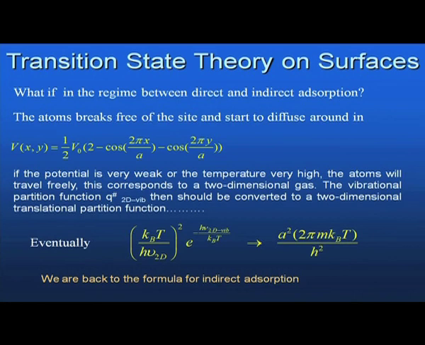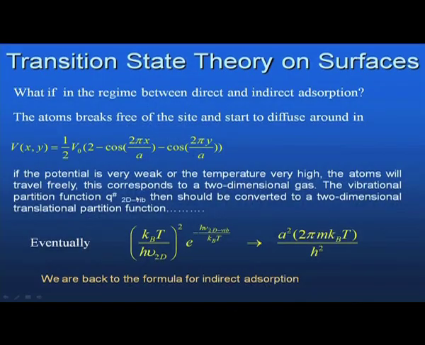And the vibrational partition function q double dagger 2D vibration should then be converted to a 2 dimensional translational partition function, because it is moving around on the surface. Eventually this part will have to be replaced with this part.